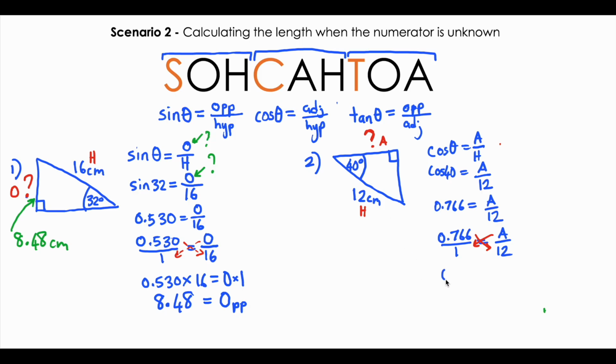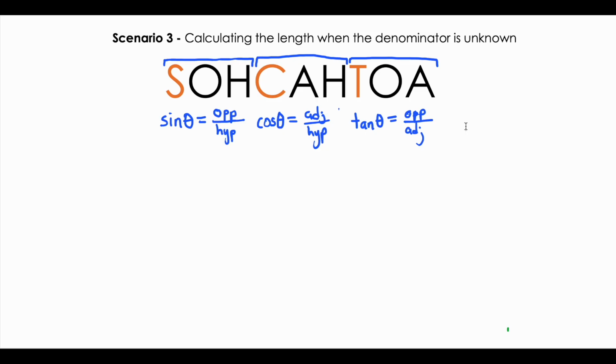That would be 0.766 times 12, which is equal to A times 1. So this one here is 9.192. I'll use 9.19 to 2 decimal places. So therefore I know that the adjacent is 9.19 centimeters.